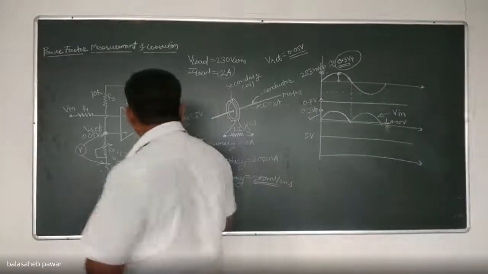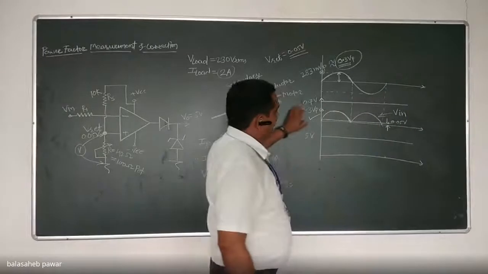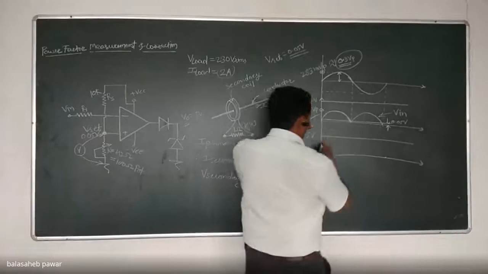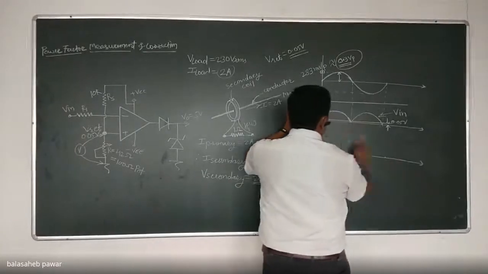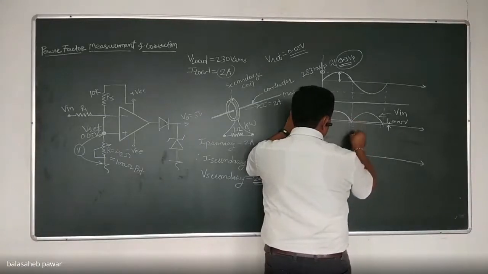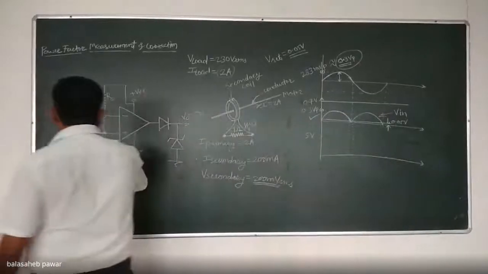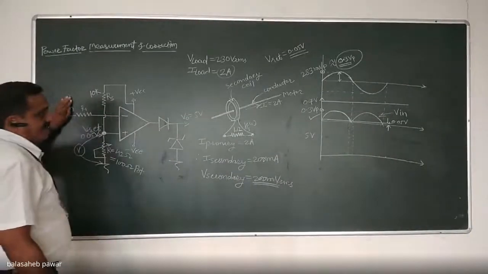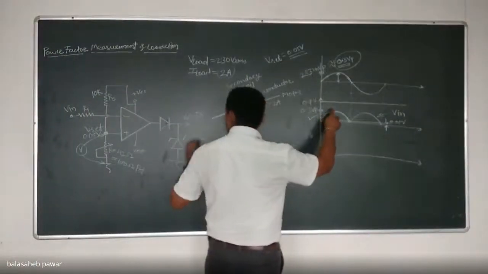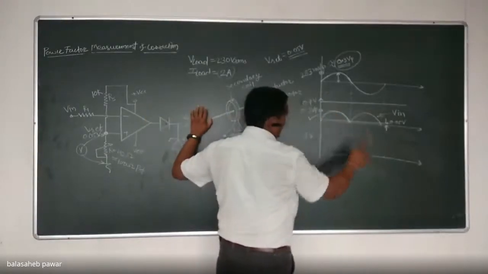Later on, by using the zero crossing detector, you can easily obtain the pulses as per our requirement. When this Vin is greater than 0.05, the output of our signal conditioning circuit will be minus Vsat, and hence the net output voltage will be 0.